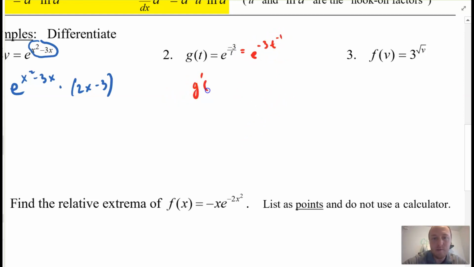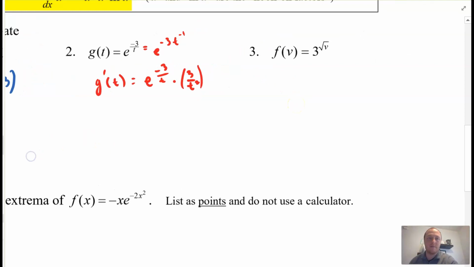So g prime of t is equal to, again, I have e to the power of x, so the derivative is exactly the same, negative 3 over t, times the derivative of my power. The derivative of the power would be 3 over t squared.